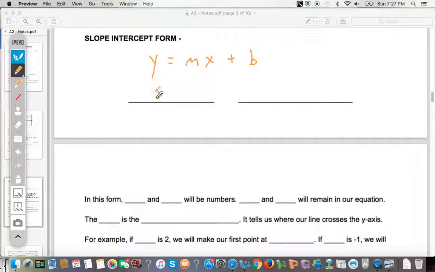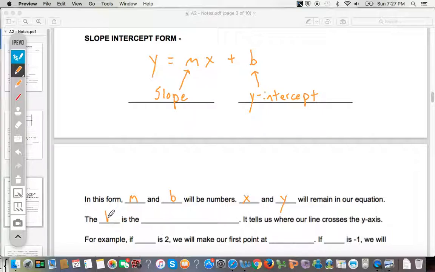So we have our slope, which is this m, and we have our y-intercept, which is this b right here. In this form, m and b will be numbers. x and y will remain in our equation.